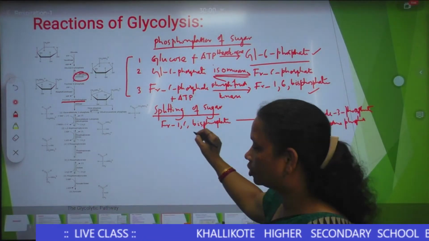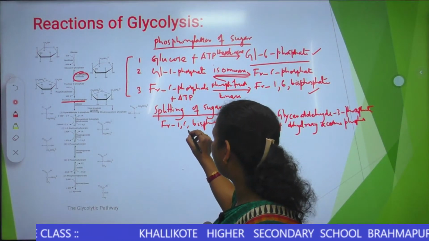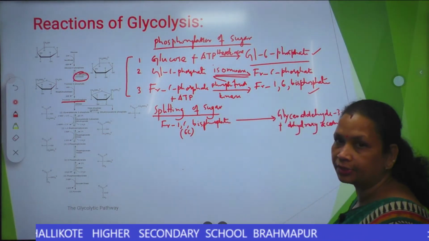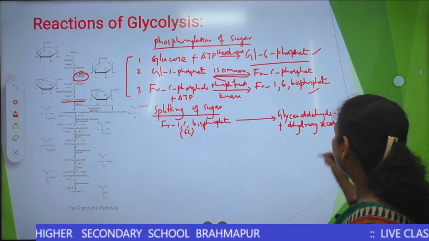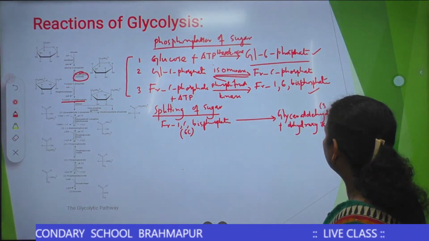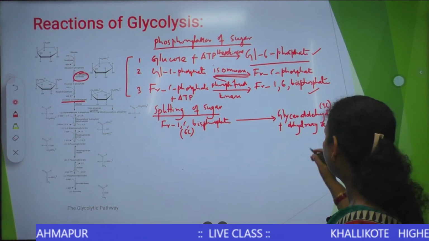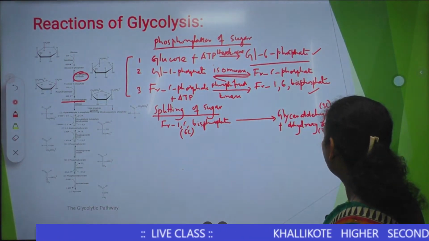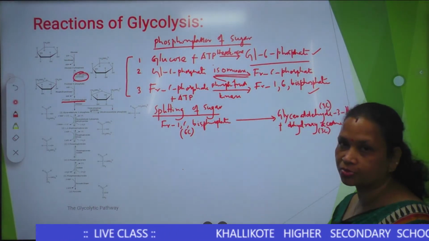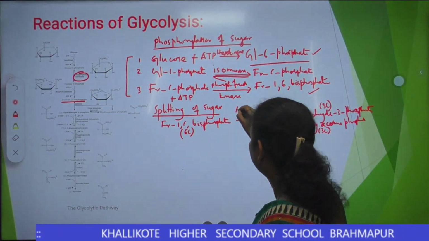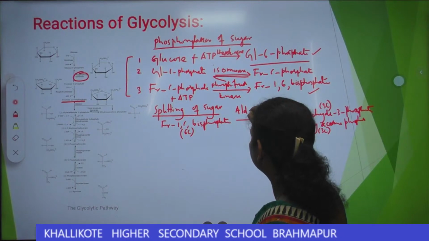So, fructose is a 6 carbon sugar. It is splitting into 2 molecules of 3 carbon compounds, glyceraldehyde 3 phosphate and dihydroxyacetone phosphate. The enzyme that is required for this process is aldolase.